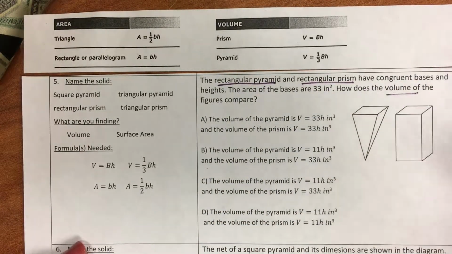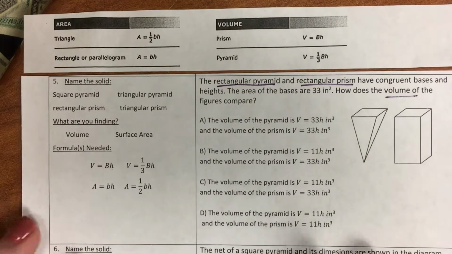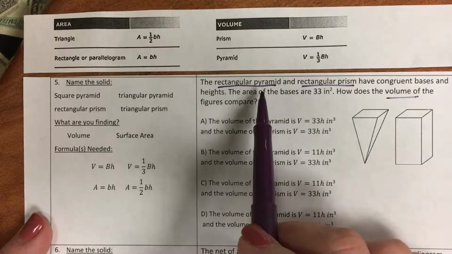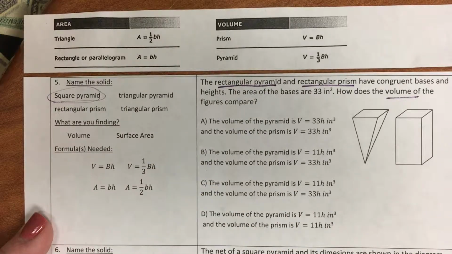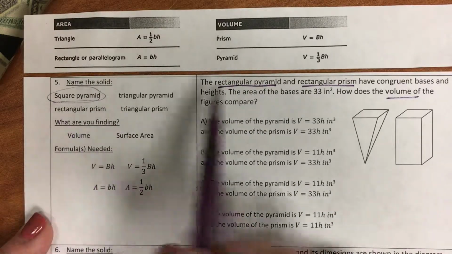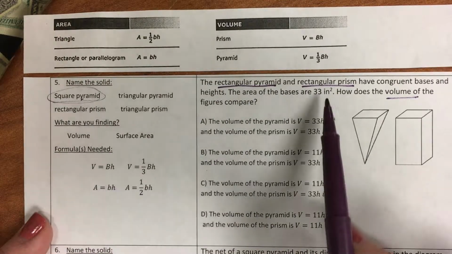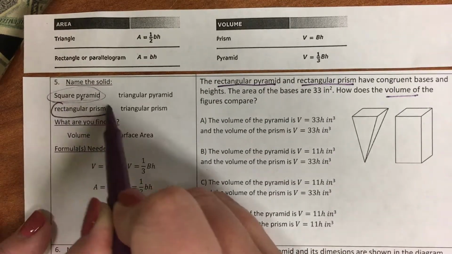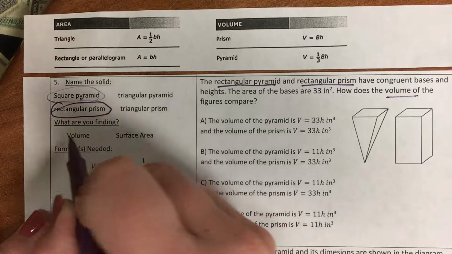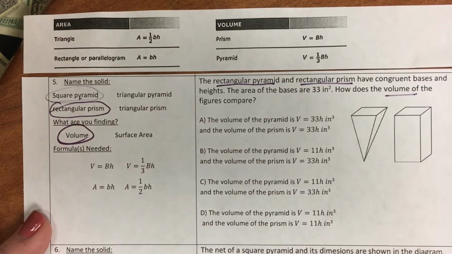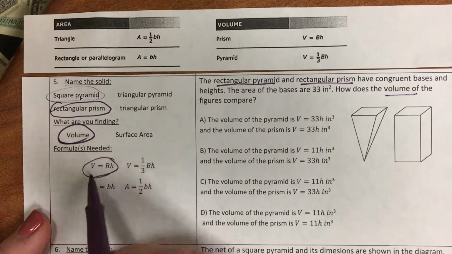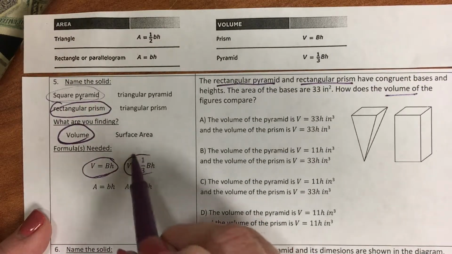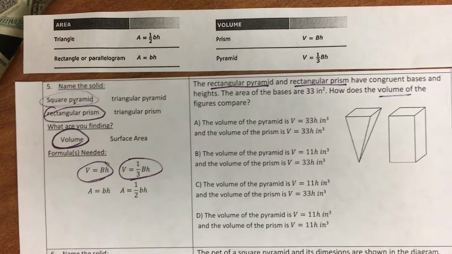All right, so we have a rectangular pyramid, which I'm just going to go ahead and say a square pyramid because we don't have it that often, so I didn't list it. Rectangular prism. We're finding volume. So the prism is going to need this formula, and the pyramid is going to need this formula.